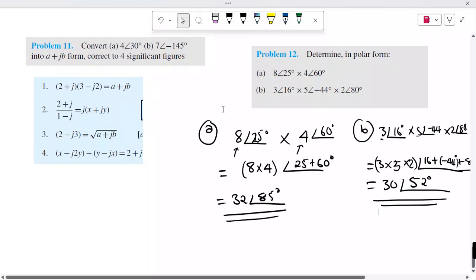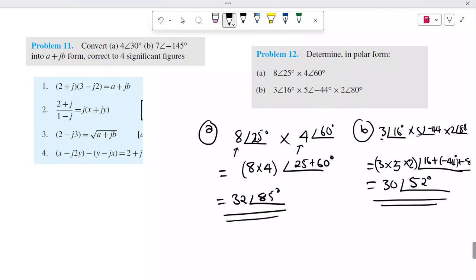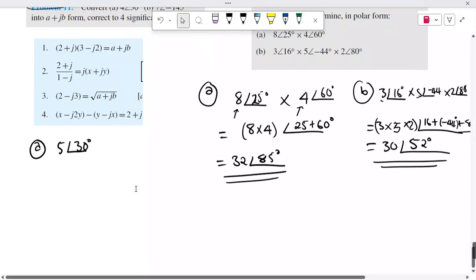Okay, so let's go to problem 11 now. In problem 11a, we are converting from polar to the form a plus jb, the rectangular form. So in polar, you have 5 at an angle of 30.